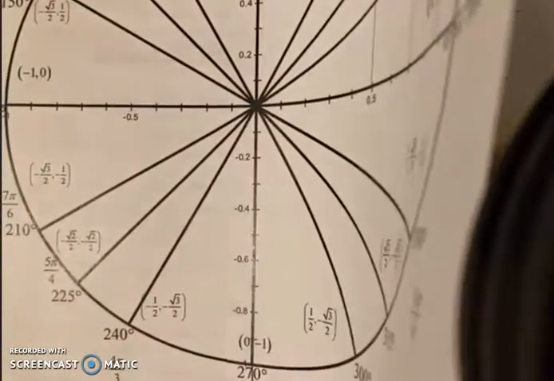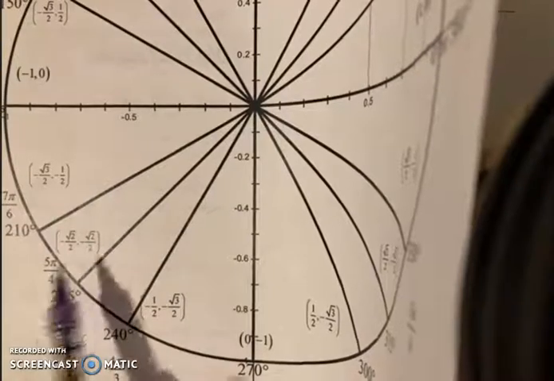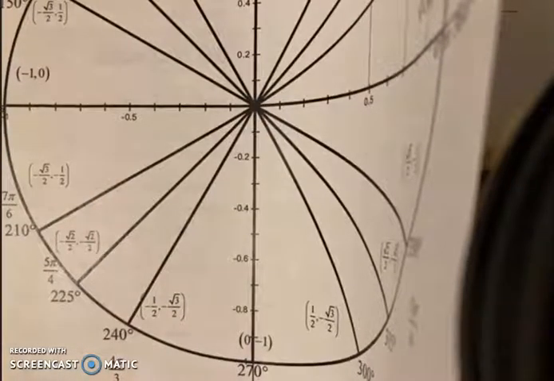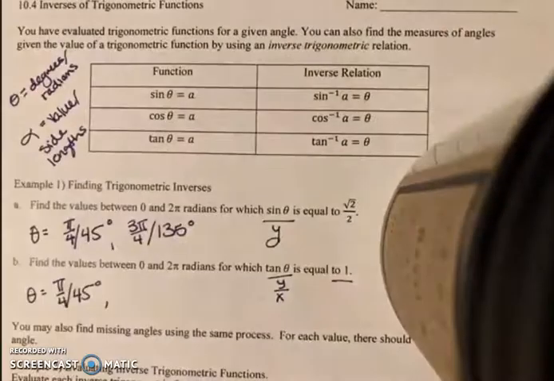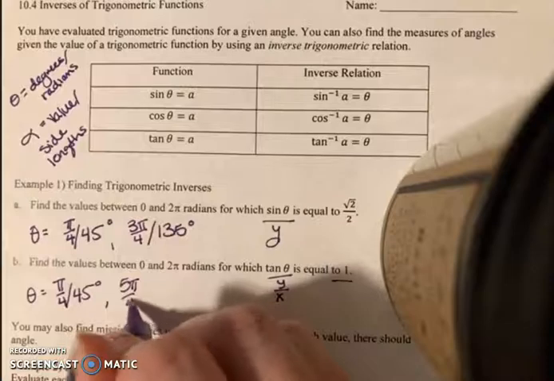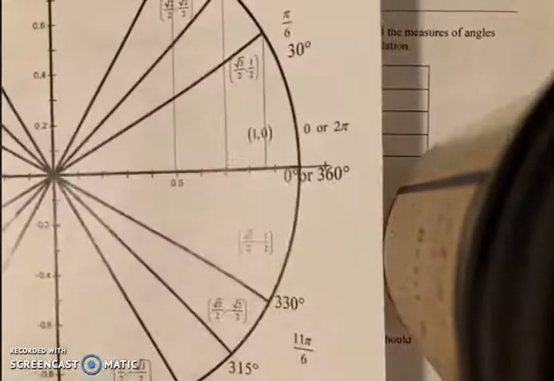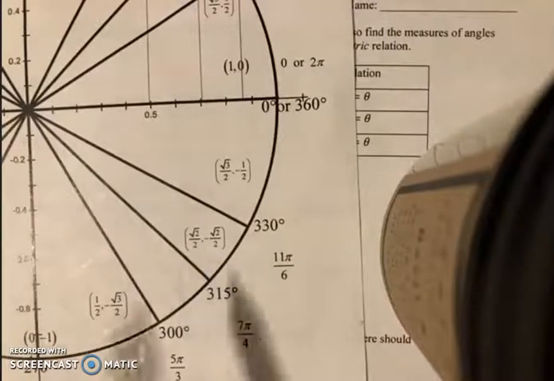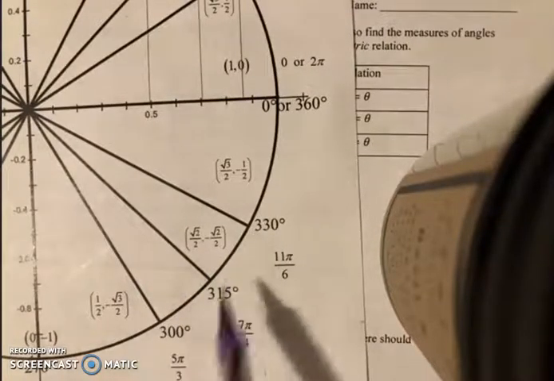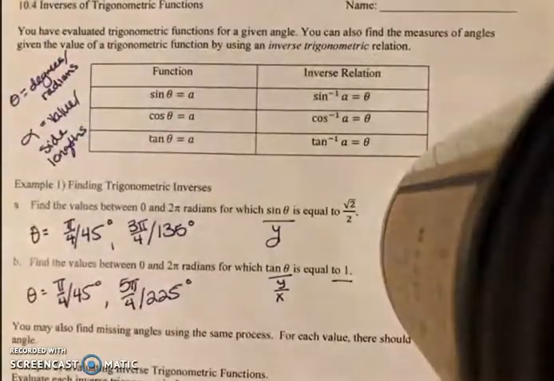In quadrant 3, we have root 2 over 2, root 2 over 2, and both of them are negative. So two negatives do give me a positive, meaning 5 pi over 4, or 225, is a solution. And the last quadrant we have to check is quadrant 4. Negative and positive means I would have a negative tangent, so that also does not work. Okay.